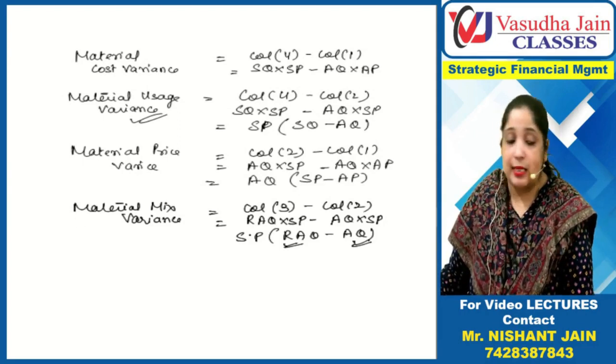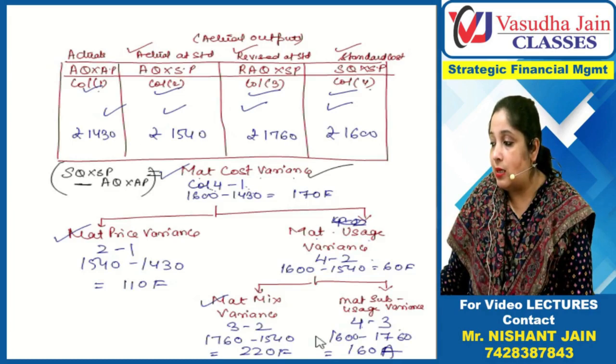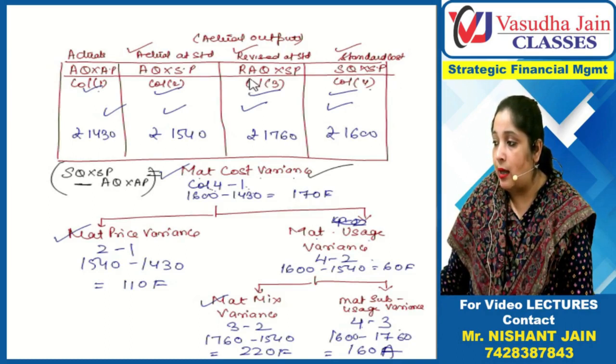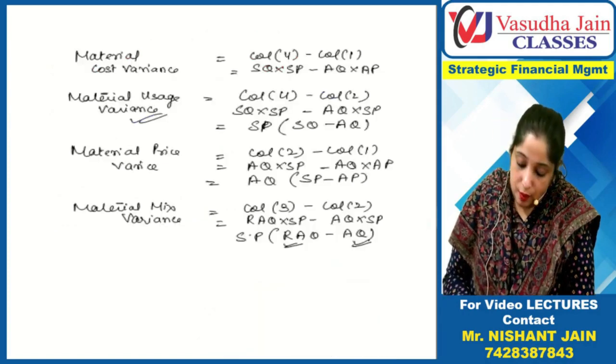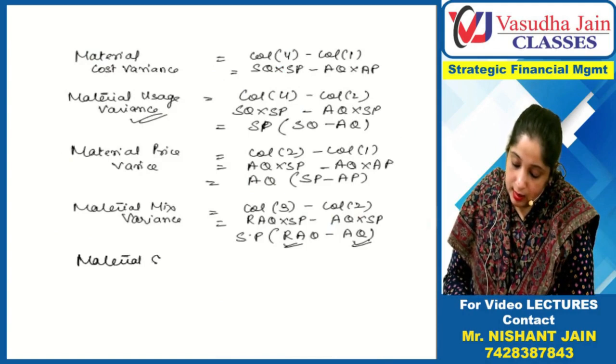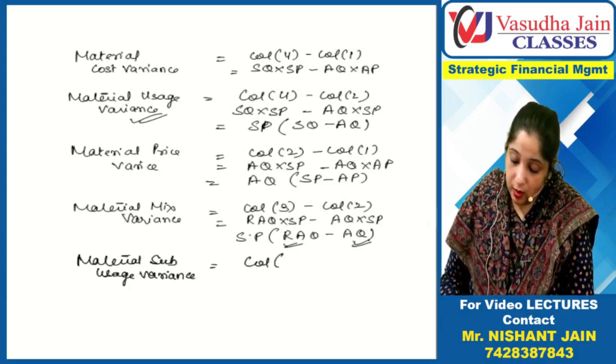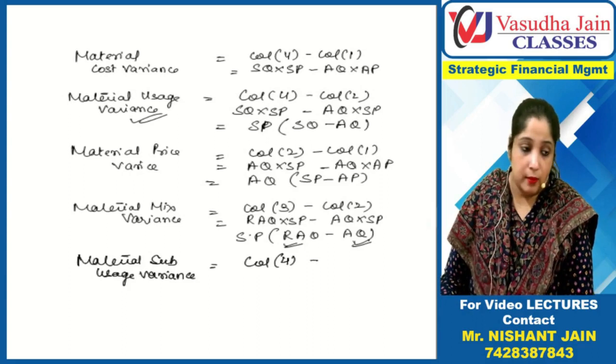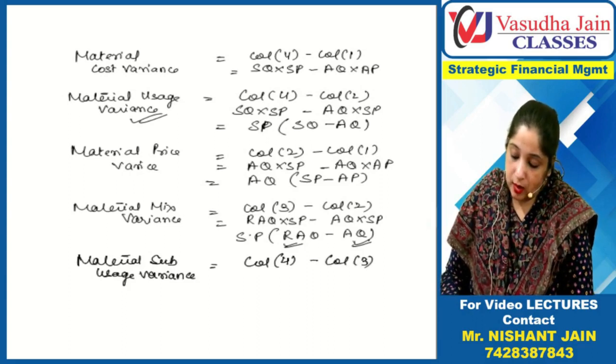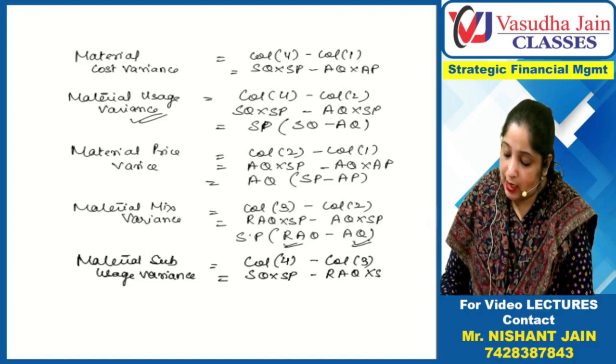Now the last variance is given to us. The last variance is material sub-usage variance, which is 4 minus 3. 4 is your SQ into SP and 3 is your RAQ into SP. So material sub-usage variance, that is column 4 minus column number 3, that is SQ into SP minus RAQ into SP.